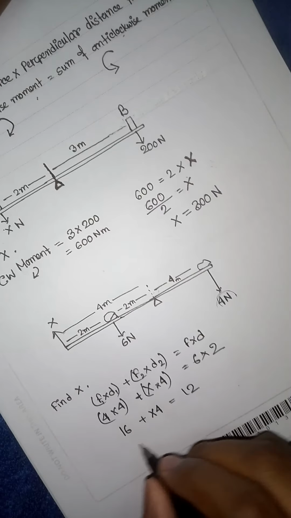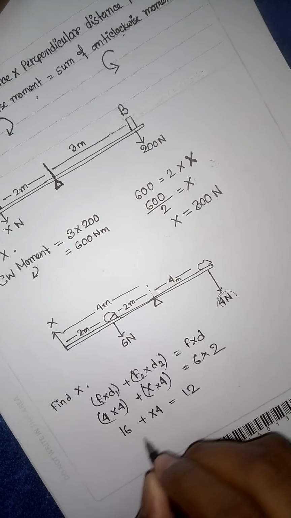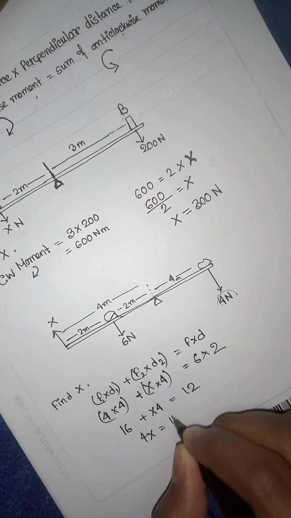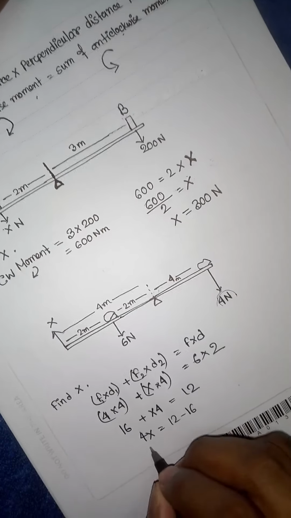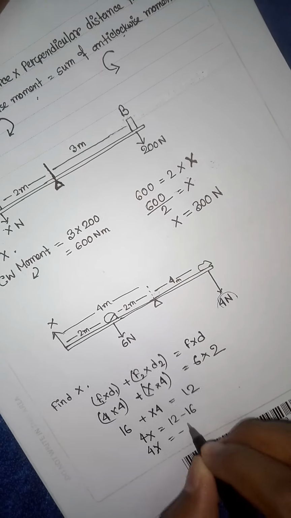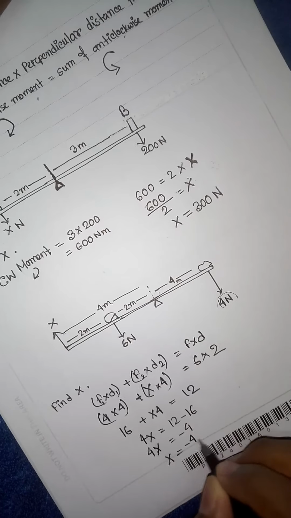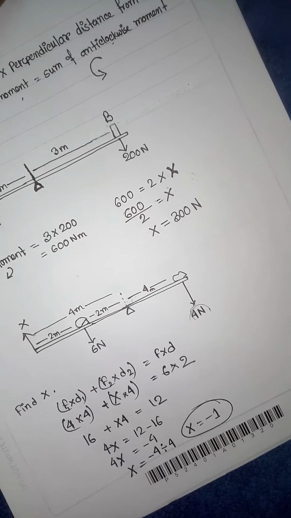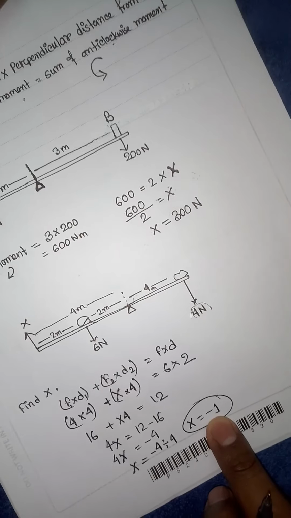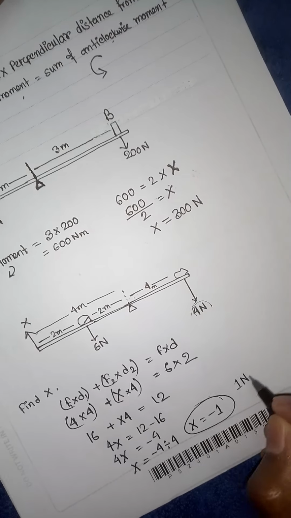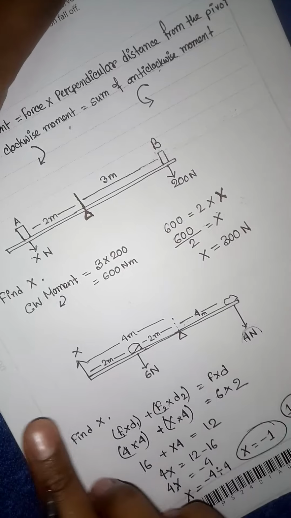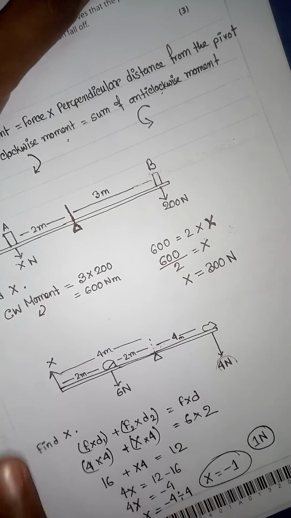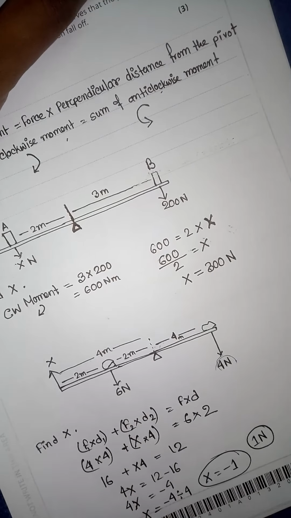Now 4x equals 12 minus 16, so 4x equals minus 4, that is x equals minus 4 divided by 4, which is x equal to minus 1. So minus 1 means only 1 Newton is the extra force needed.